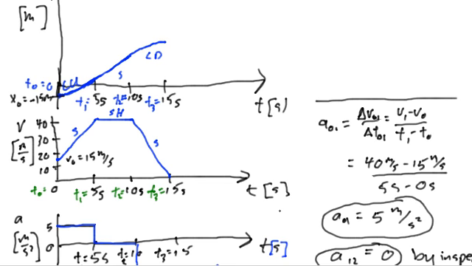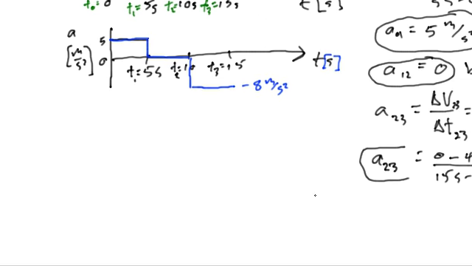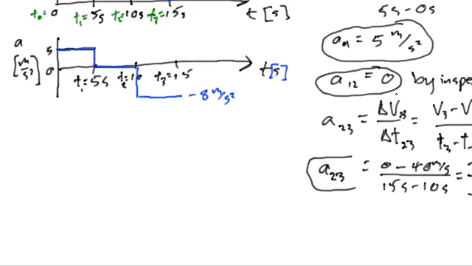I'll do that separately. So for the first time interval, we can use the idea that, I think I'll work in blue here, x is equal to x0 plus v0 times t plus 1/2 a t squared.